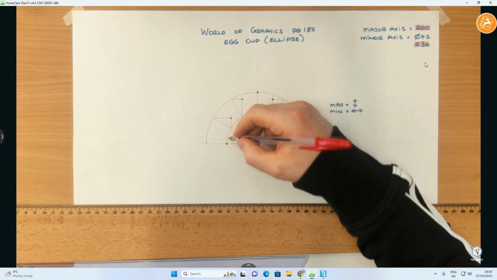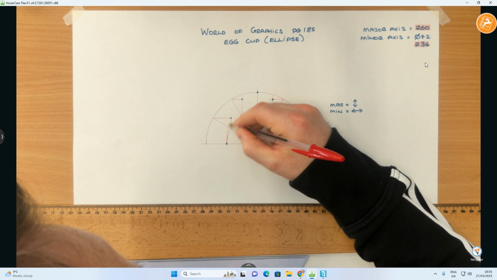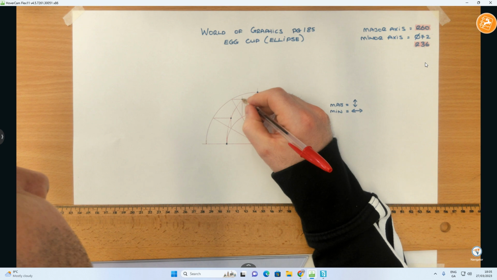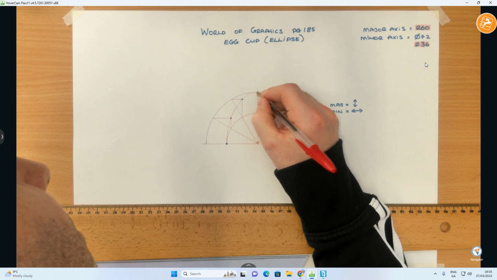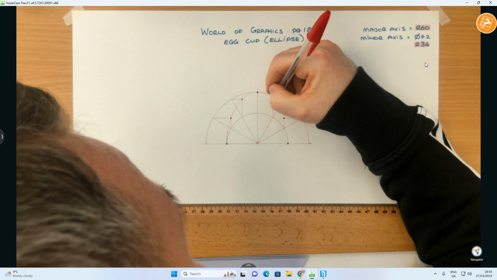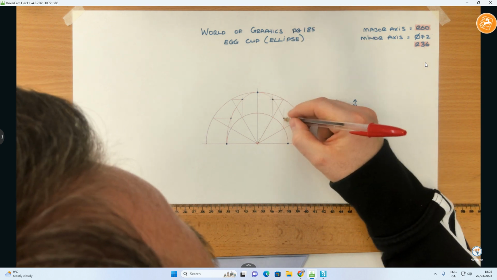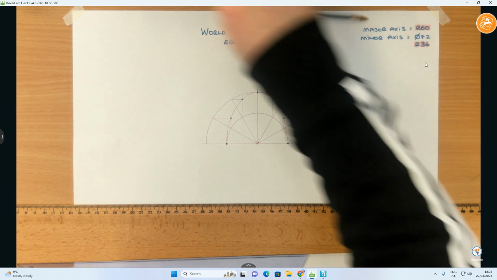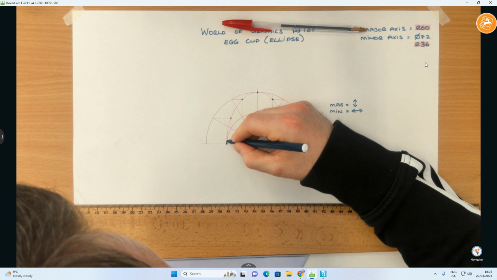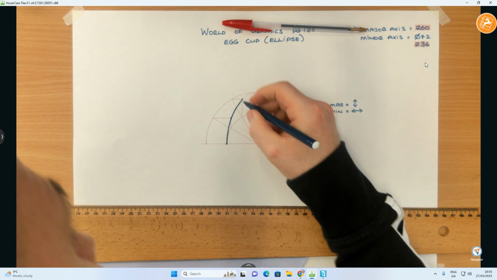So really quickly there, sketch in between the points, trying to make the curve flow as smooth as possible. And when you have that done, as best you can, just do it in one continuous path.